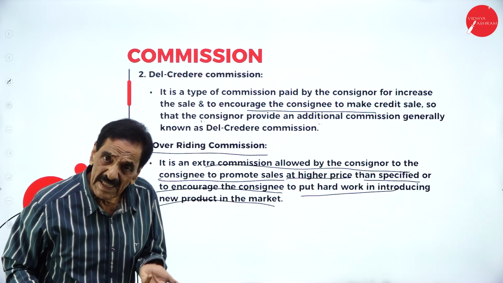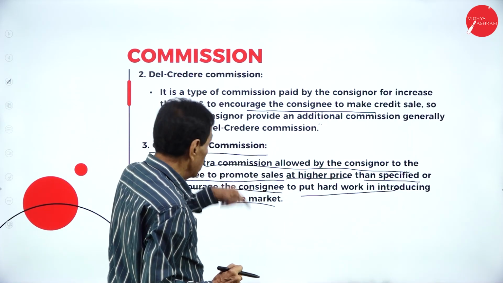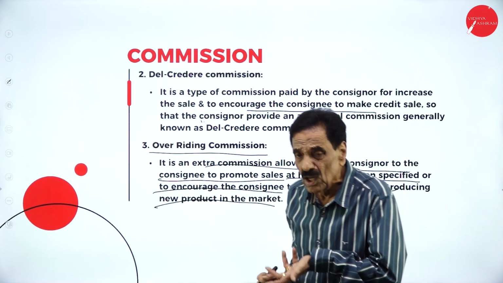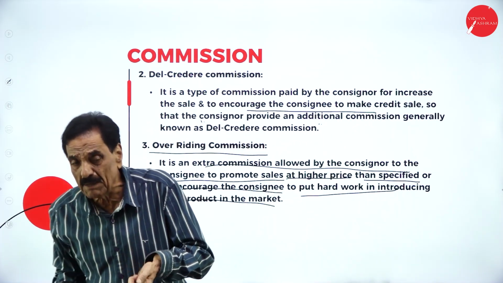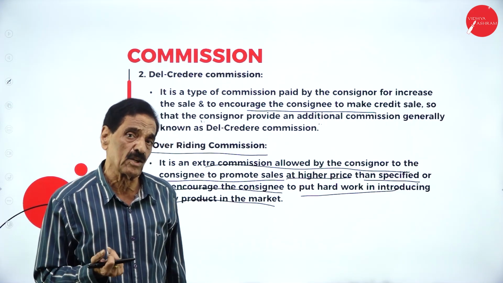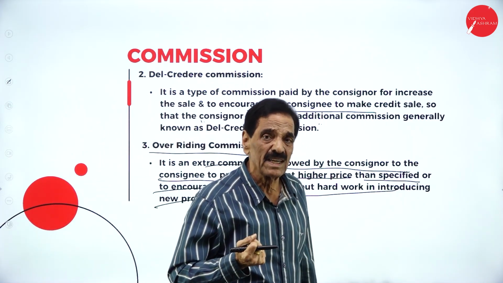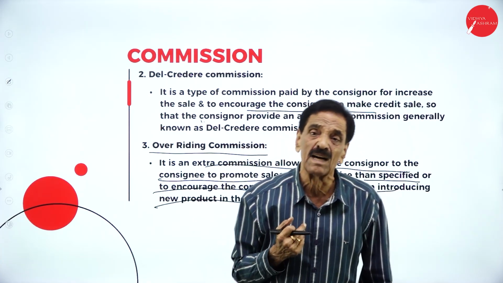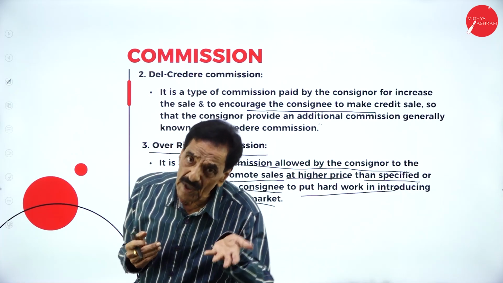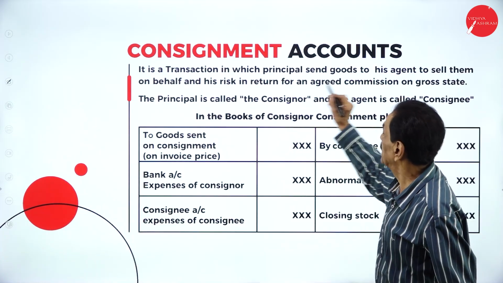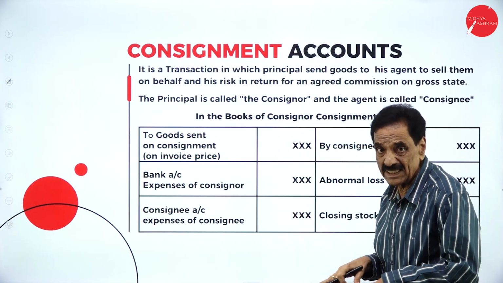It may be more than the regular commission and bill credit commission, so that when this commission is payable to him, he can introduce new products into the business and take the risk to push more sales, so that the consignor gets more profit, and he is also benefited by getting more commission. How the transaction takes place.